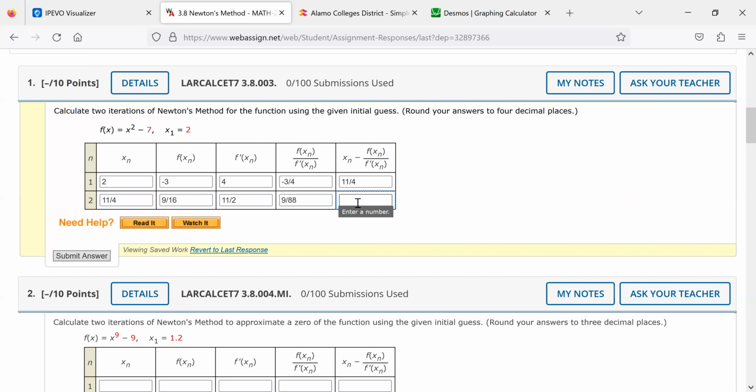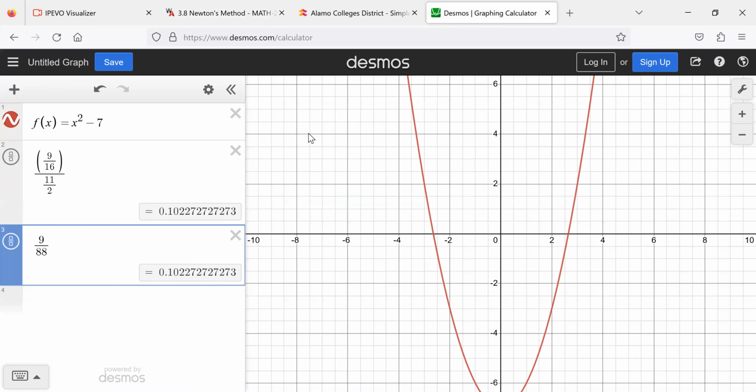This one would be the subtraction. 11/4 minus that, so 4 times that will be what? 4 times 22 is 88, so we need to do 22 on top and bottom. This would be 242 over 88 minus 9/88. 233 over 88.